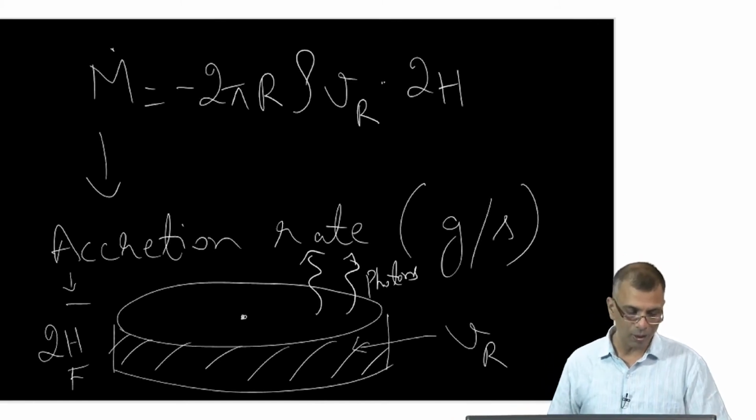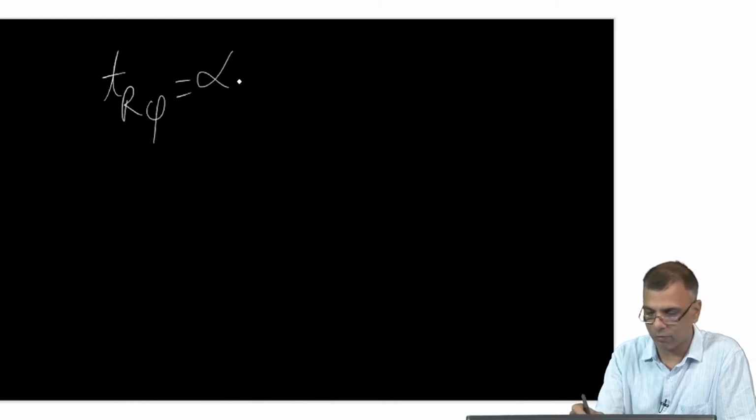So, therefore, let us now try to see what is the rate of dissipation of energy. This is the question that we are trying to address now, and where does this viscosity business come in. So, let us now go back. You remember that we were writing Trphi is equal to alpha p.